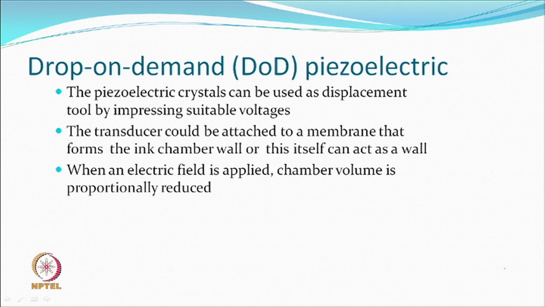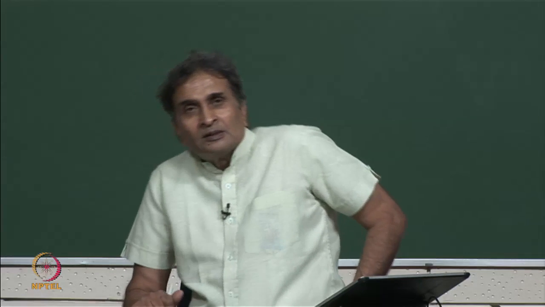So, the volume will be proportionally reduced when you apply the electric field, and then the ink drop will be ejected. So, it appears that if you control your voltage and you have the right kind of circuits, then the drop size can be controlled. Drop on demand, as we said, only means that you are ejecting when you need.